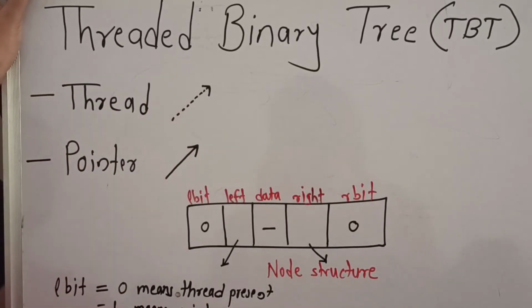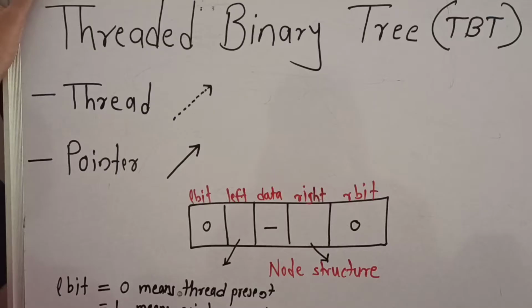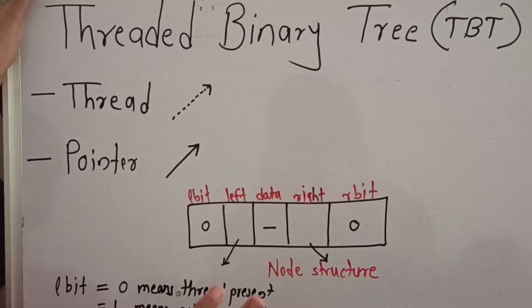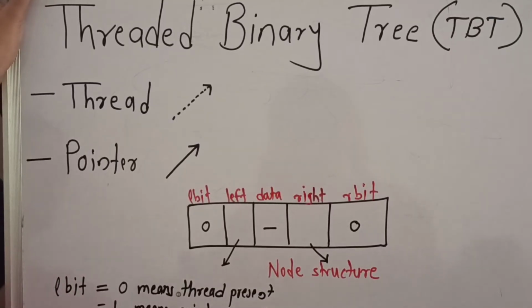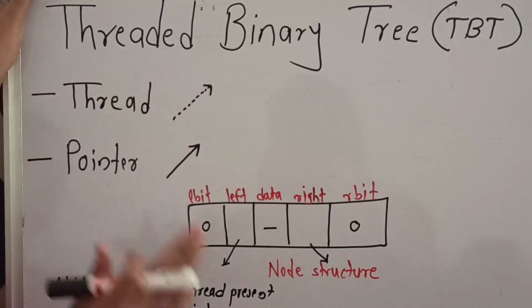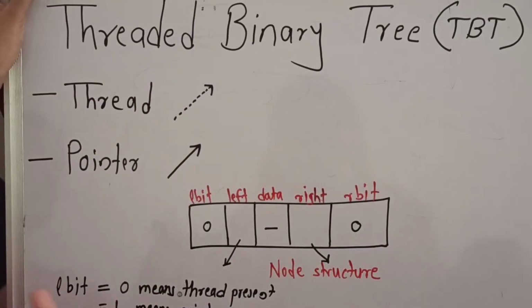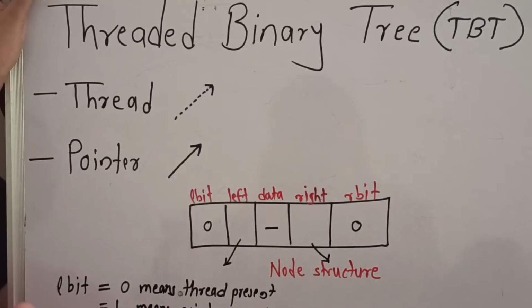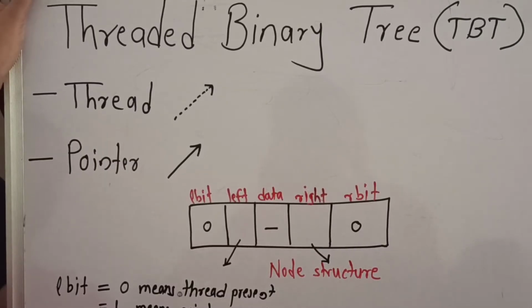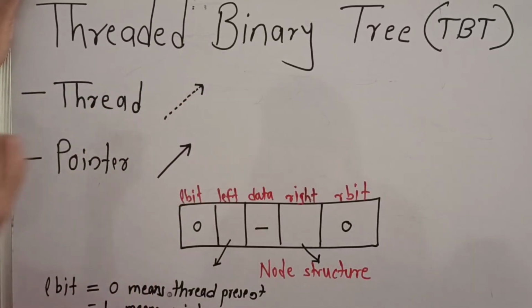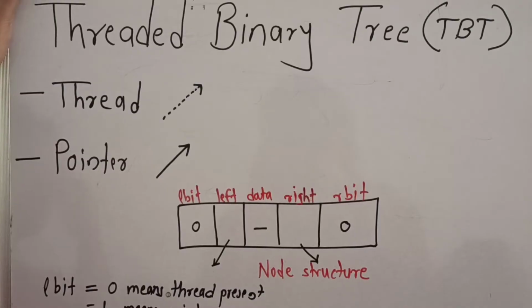In case of the threaded binary tree, we don't want to use recursion and we don't want to use a stack. That is the main advantage of the threaded binary tree. We want to avoid the use of the stack and the use of recursion, and for that purpose we are going to use the threaded binary tree concept.